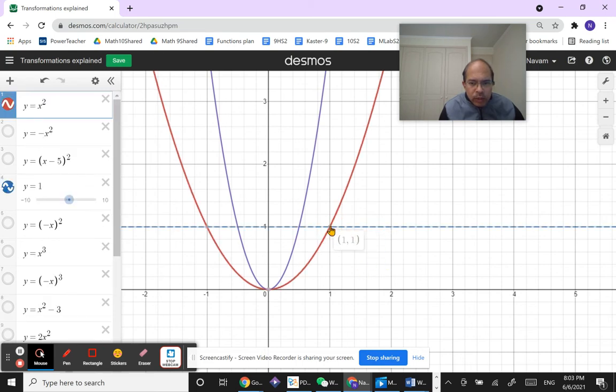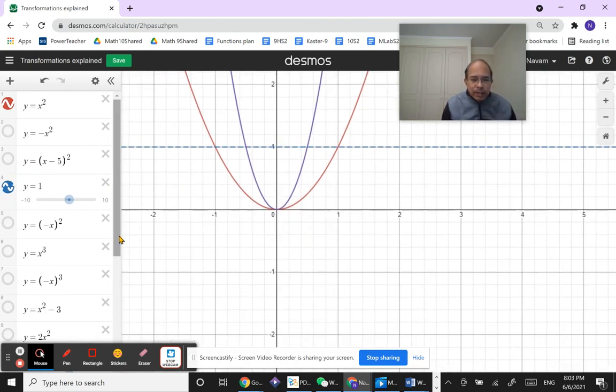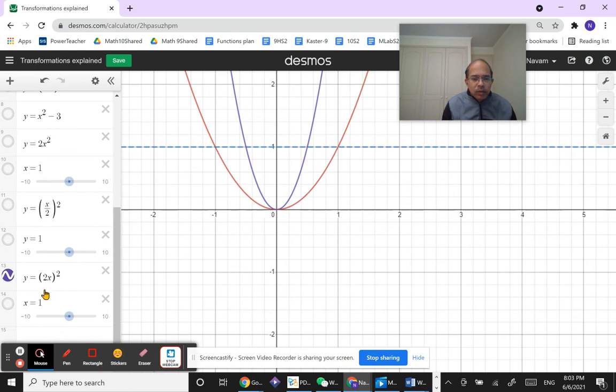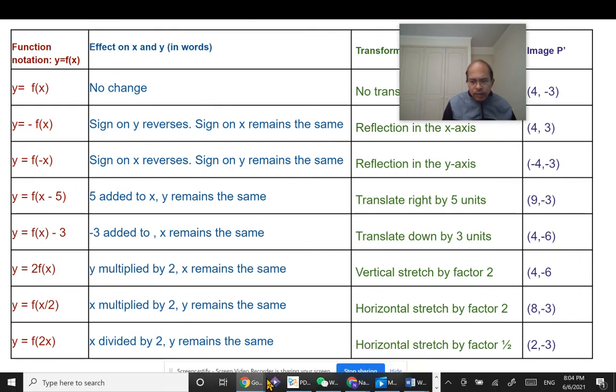If you check the original function, 1, 1, then you have 0.5, 1. So you see the value of x has divided by 2. This is called a horizontal stretch by factor half, because the value of x becomes half the original value. Note that even though it's 2x whole squared, what's really happening is that x is becoming halved each time. This transformation can be called a horizontal stretch by factor half. And the new image is the x value divided by 2 and the y value remaining the same.